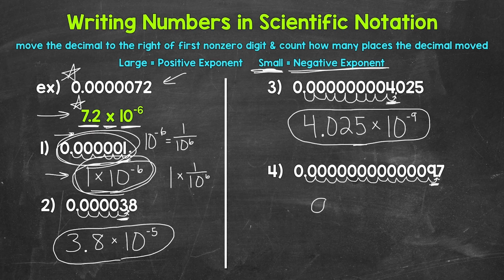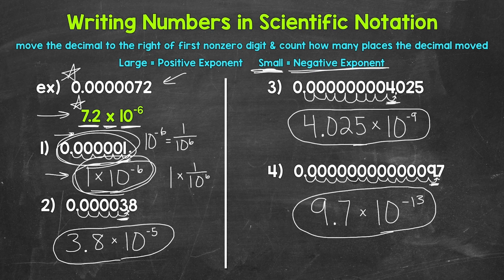So we have 9.7 times 10 to the power of negative 13. And that's our scientific notation. So there's how to write small numbers in scientific notation. And now that we've covered large and small numbers, let's try some practice problems.